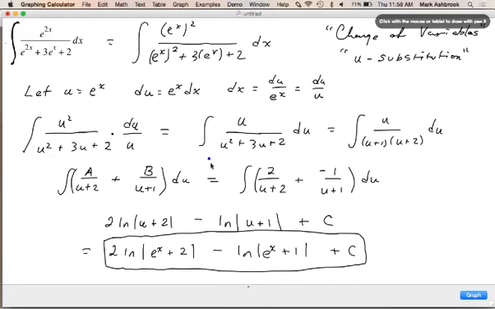So just make sure you know that there's a mess of work in between there that I didn't show, okay? Just because I want to focus on the idea of changing the variables, u-substitution.